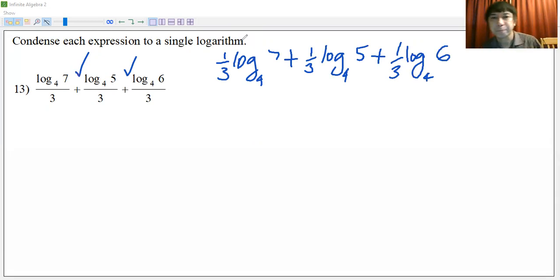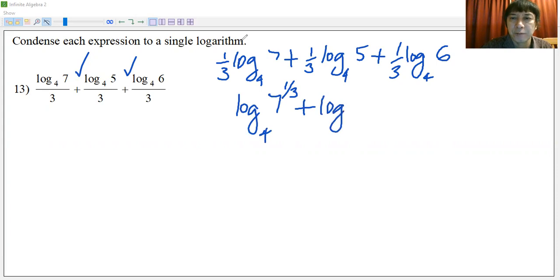There. Okay, so the 1/3 now in front of these logarithms will become exponents of the 7, the 5, and the 6. So to continue, we have logarithm 7 to the 1/3 base 4 plus logarithm of 5 to the 1/3 base 4 plus logarithm of 6 to the 1/3 base 4.